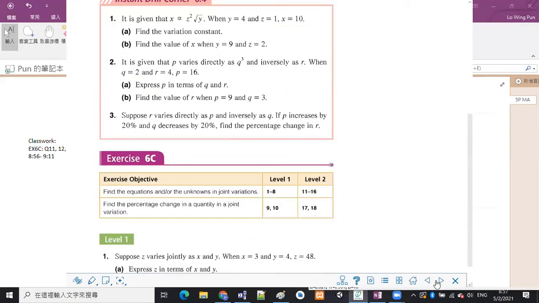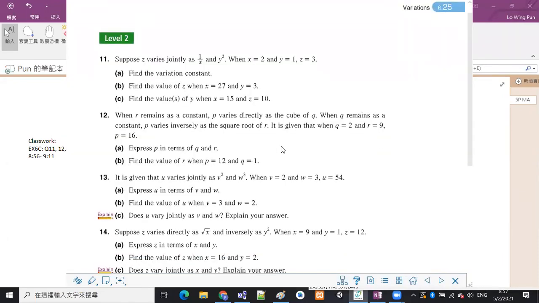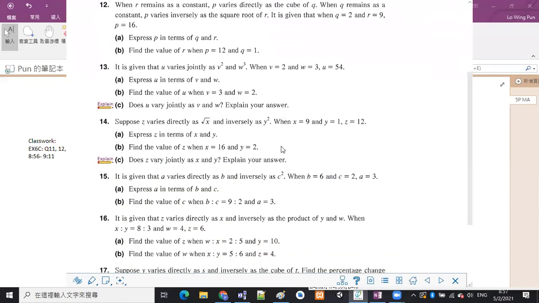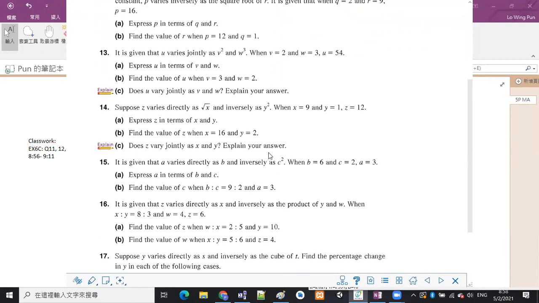Yes. Question number 11, number 12, and then 15, 16, and 18. So please do it in your class workbook.